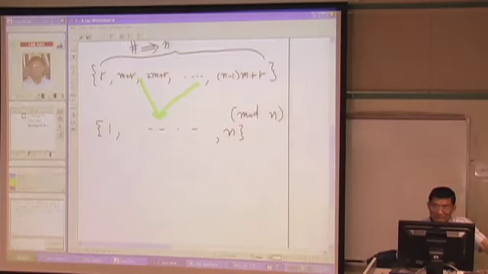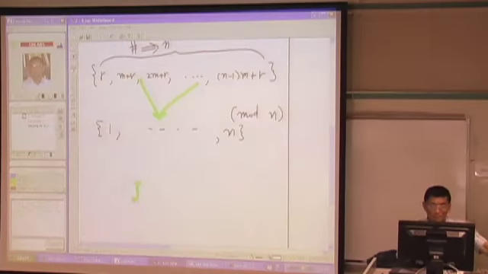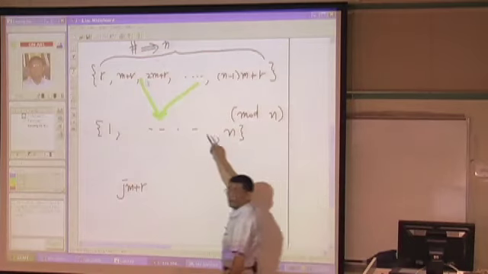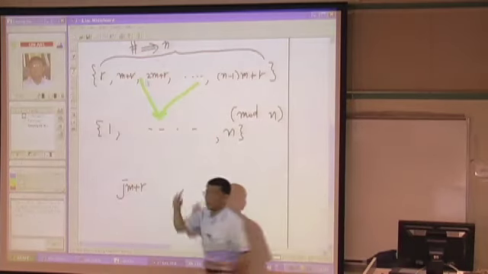So assume that here I have 0m plus r, 1m plus r, 2m plus r. So generally I can say jm plus r is the center, right? Here, jm plus r. And then I may pick another one.